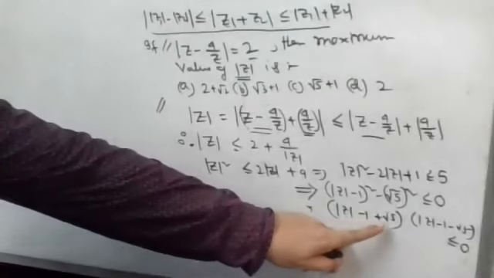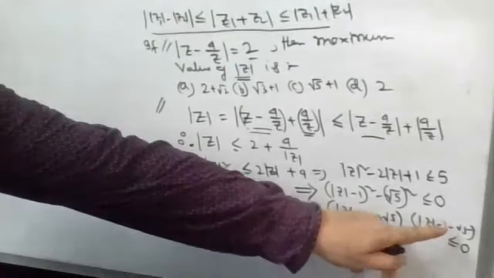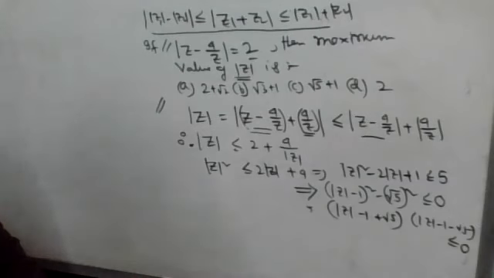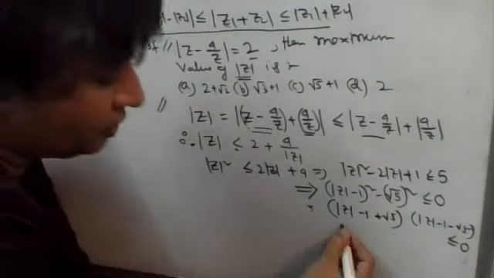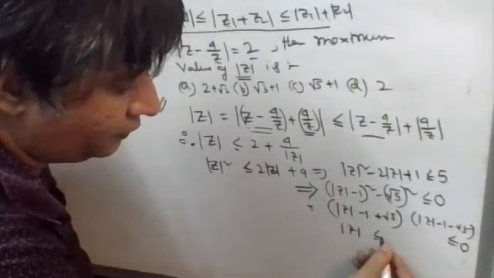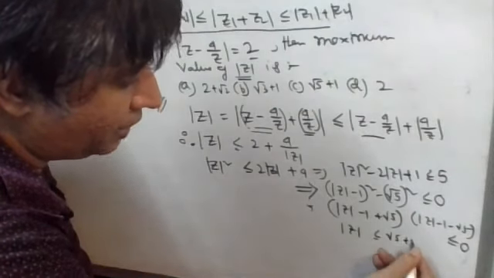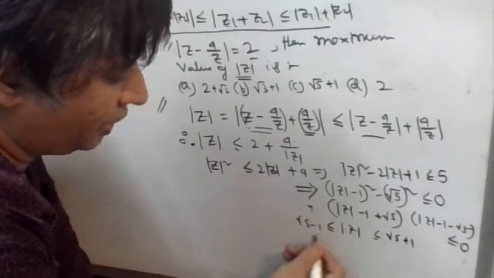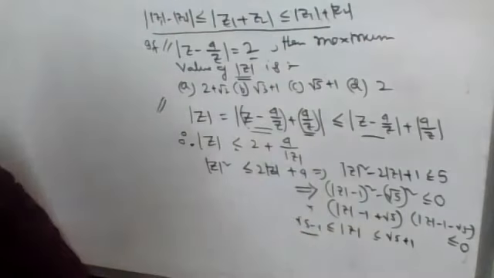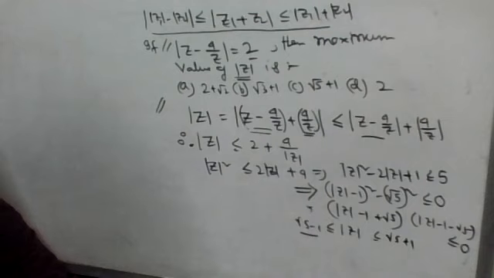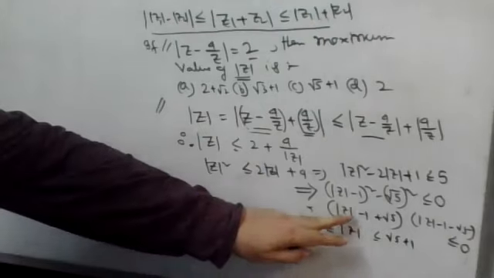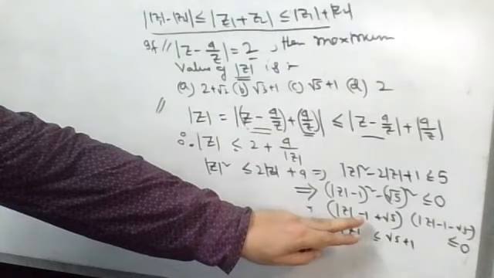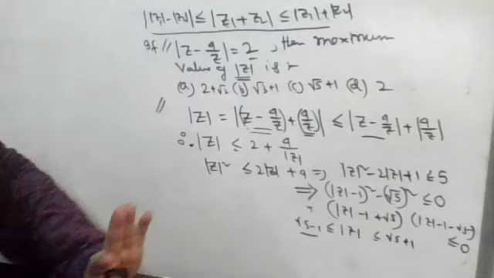So that gives us mod z lies between 1 minus root 5 and root 5 plus 1.